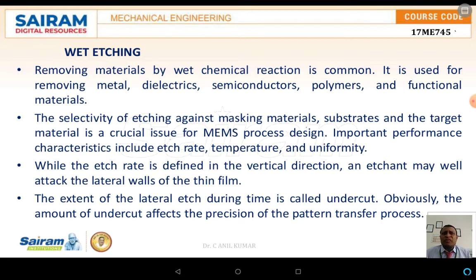These are the different types of materials for which the wet etching method can be used. The selectivity of the etching against the mask material, the substrate and the target material is a crucial issue, especially in MEMS processes. While the etching rate is defined in the vertical direction, the etchant may well attack the layer walls of the thin film.